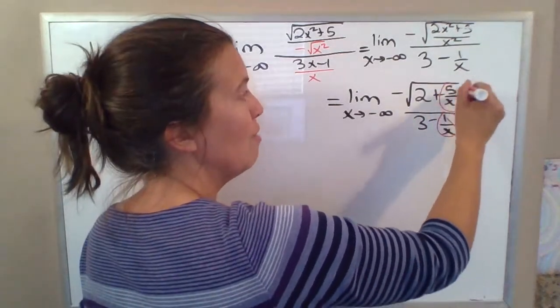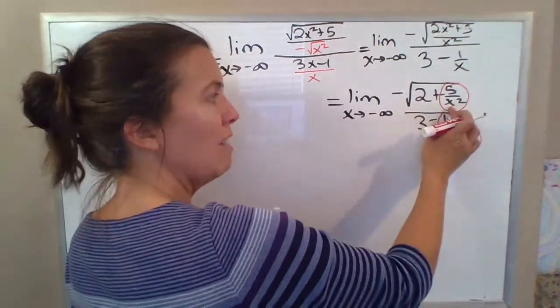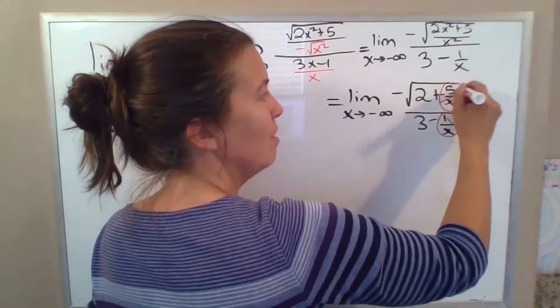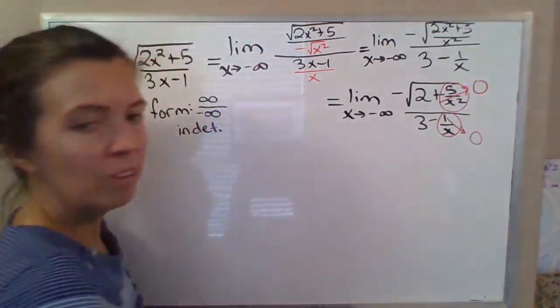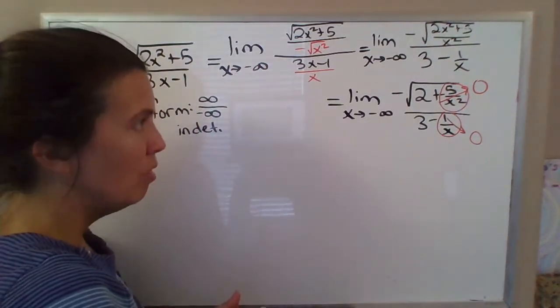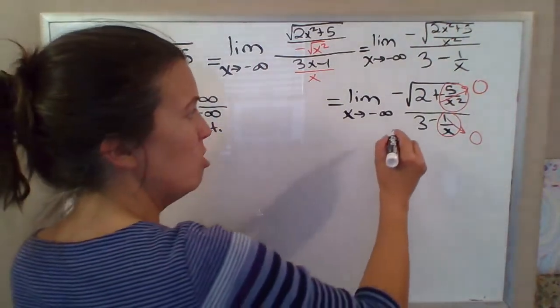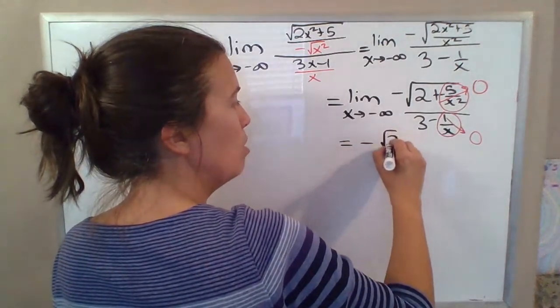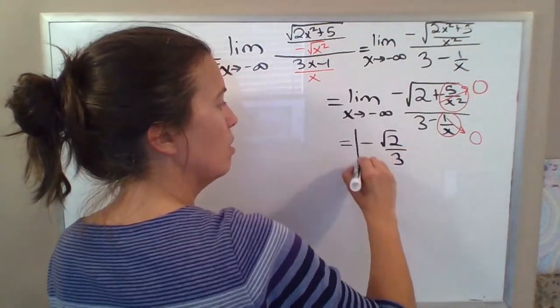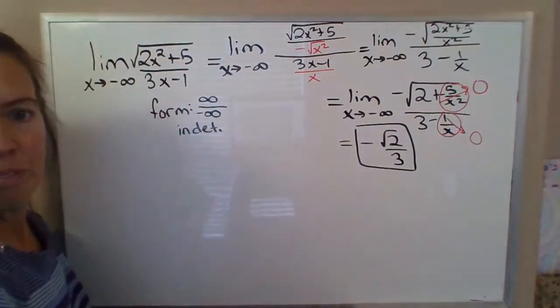Same deal here with 5 over x squared: 5 over negative 100,000 squared, that's 5 over some huge number, essentially 0. And so the 5 over x squared and the 1 over x both go to 0. What we're left with is just negative square root of 2 over 3. And that's the value of the limit.